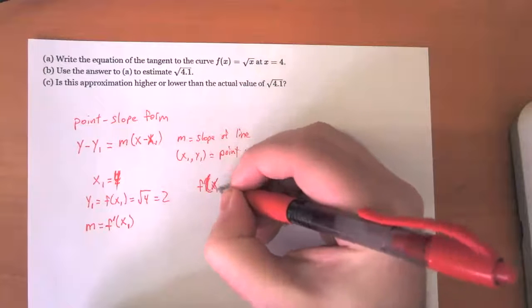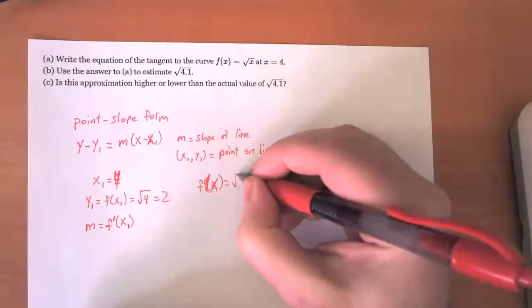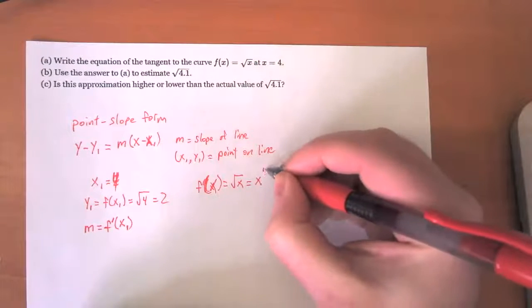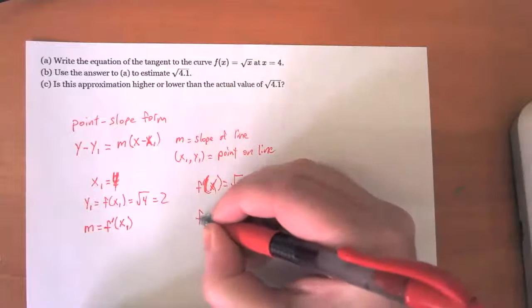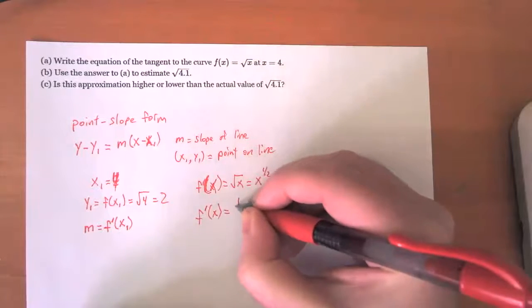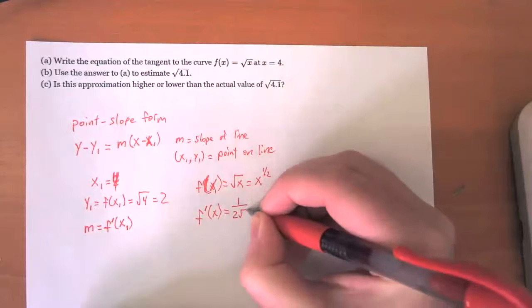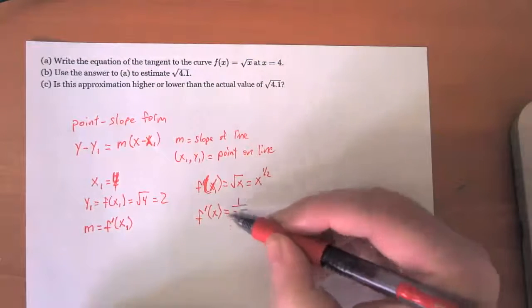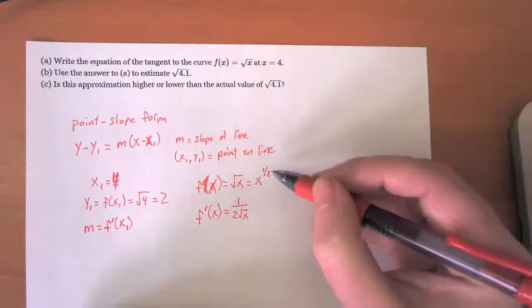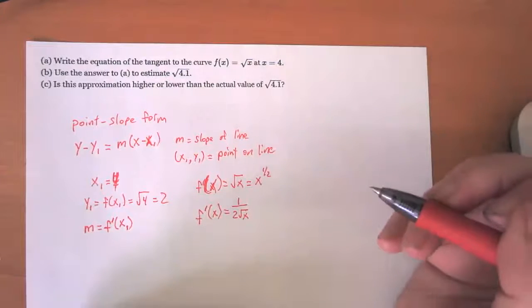Let's write it this way. f of x is equal to the square root of x, which we can also write as x to the 1/2 power. And we have taken the derivative of the square root of x so many times that I want to just jump ahead. And remember that it's 1 over 2 times the square root of x. That's just using the power rule and taking that back into radical form.